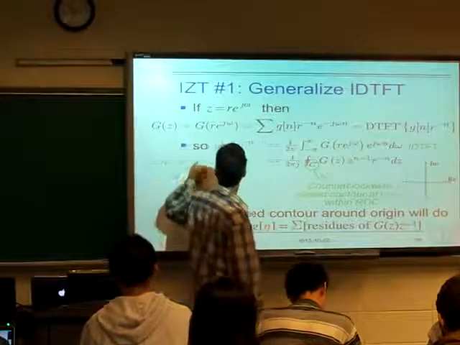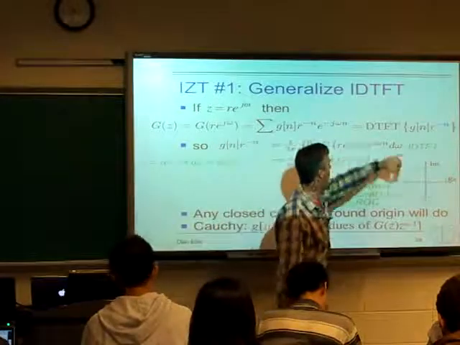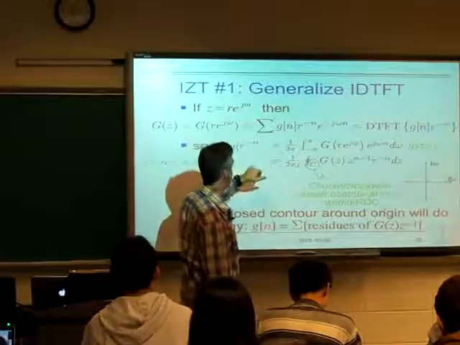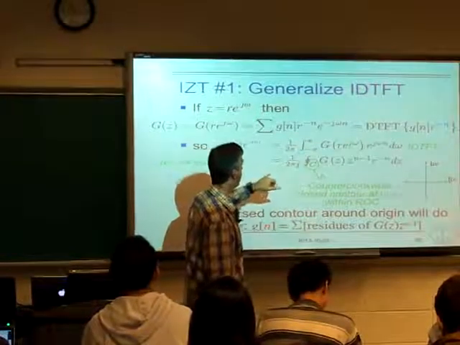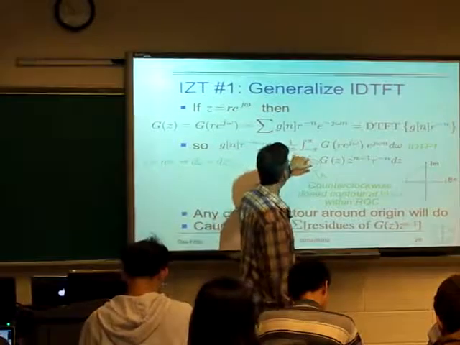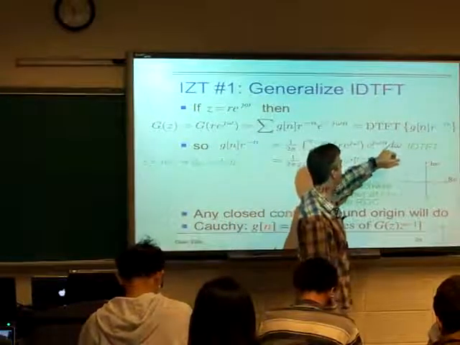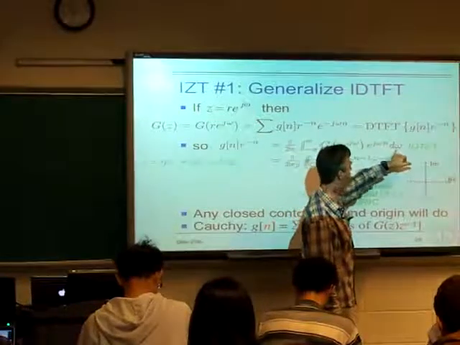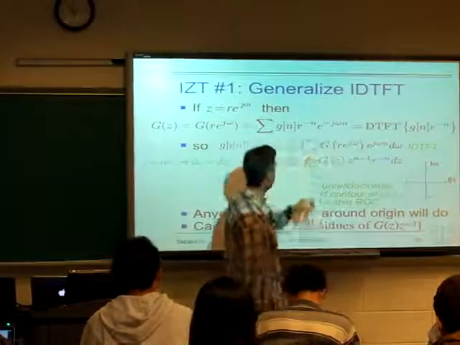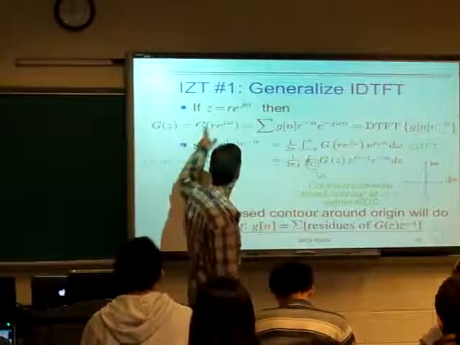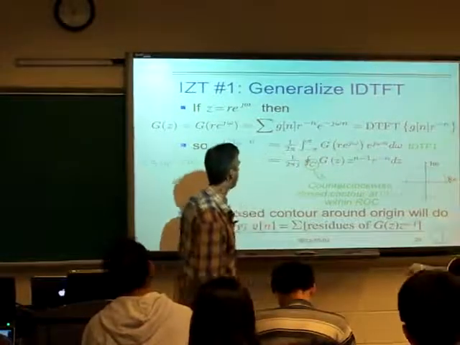So, if this is the DTFT of this, then we should be able to get this sequence back by running our IDTFT, which is the g of whatever times e to the plus j omega n, integrated over omega, over one 2 pi cycle of omega.